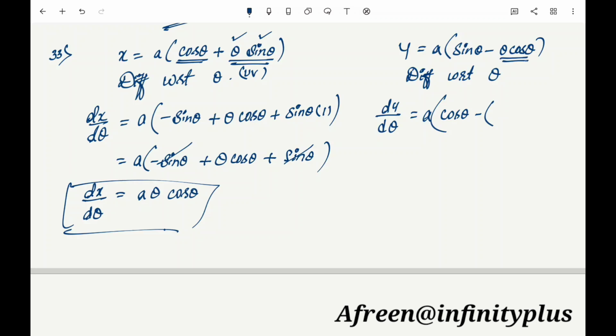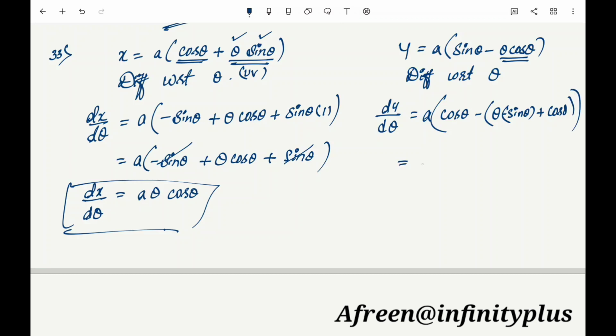So here again you are having two functions. So use the product rule. So first function theta will remain as it is. Differentiation of cos theta is minus sin theta plus cos theta will remain as it is. Differentiation of theta is 1. So this will be as it is.